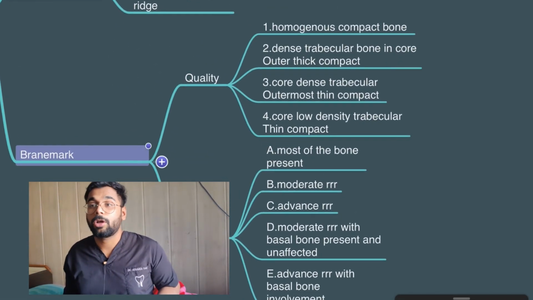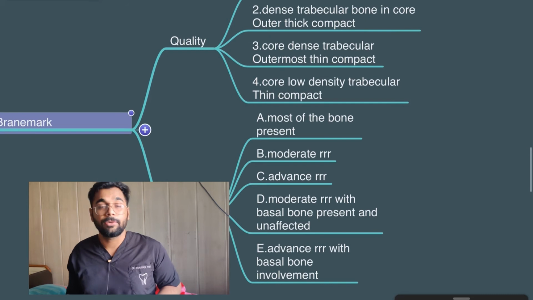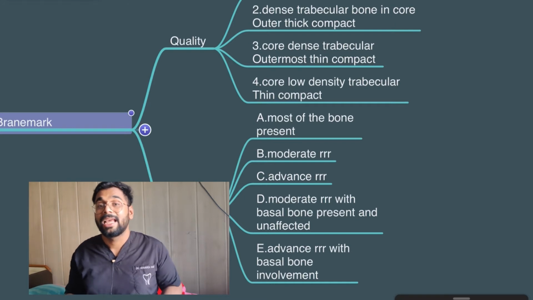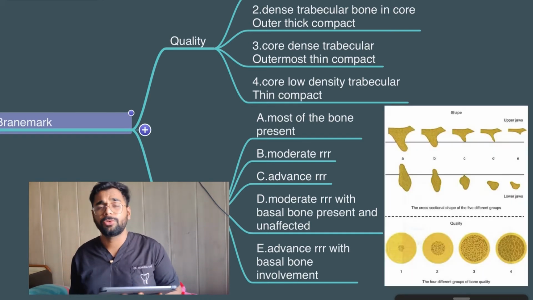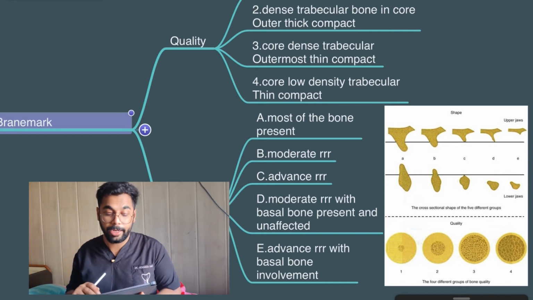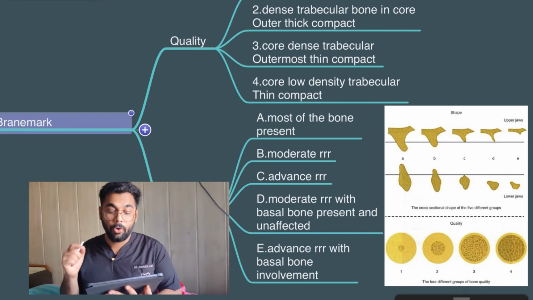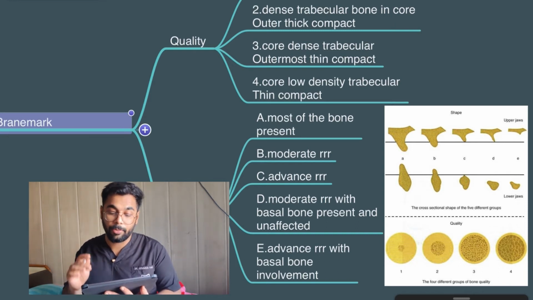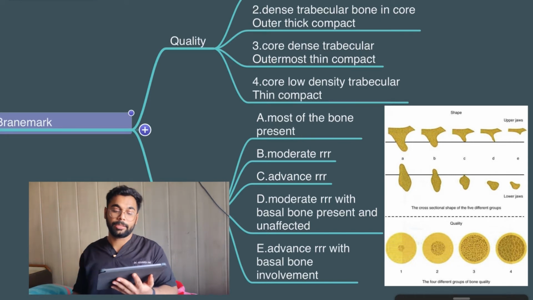But I don't want my audience, whoever is watching this video, to be left out with any kind of knowledge which is important in this aspect. And I would love you to hear this, or you can just skip. You will be hearing his name a lot during implants. We'll discuss that too, but for now, for quality of the bone: homogeneous compact bone, dense trabecular bone in core and outer thick compact.